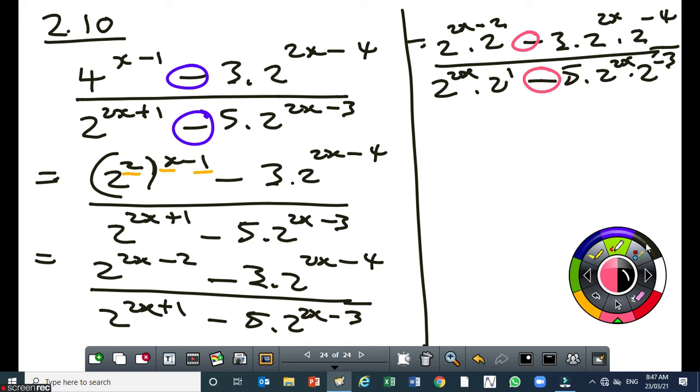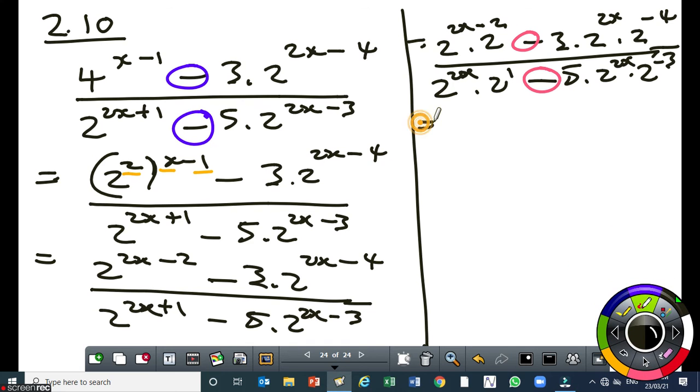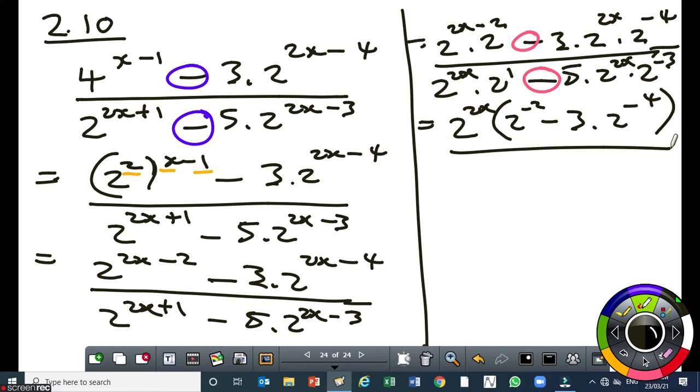So your numerator, if you factorize, you get 2 to the power of 2x. I'm only taking out the term which I want to eliminate, which is 2 to the power of 2x, times 2 to the power of minus 2, minus 3 times 2 to the power of minus 4, all over. The denominator will be 2 to the power of 2x times 2 to the power of 1 minus 5 times 2 to the power of minus 3.